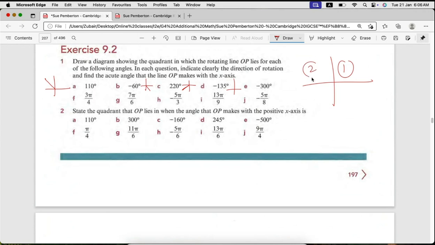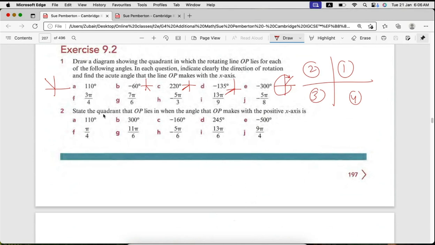Yes, this is quadrant 1, 2, 3, and 4. So in quadrant 3. And negative 300, so then that should be quadrant 4. I mean, quadrant 2. What about quadrant 1? This is 300. Oh, right before 60. Okay.